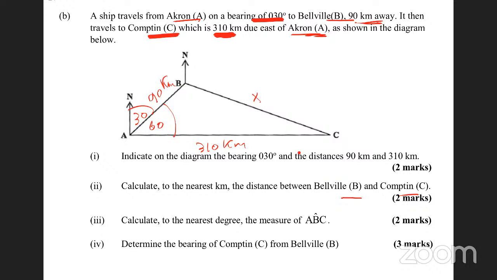Cosine rule. So that will be x squared is equal to 90 squared plus 310 squared.